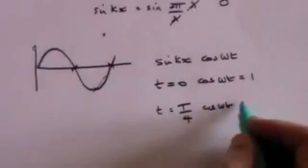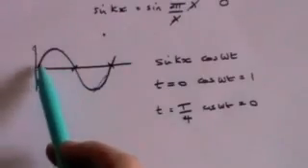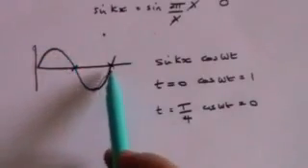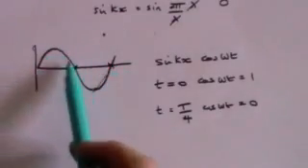But when we move on to t equal to the period over 4, we said that the cosine omega t term is 0. And that means you have to multiply all these points on the sine wave by 0. And if you multiply all points by 0, what you're going to get is a flat line.